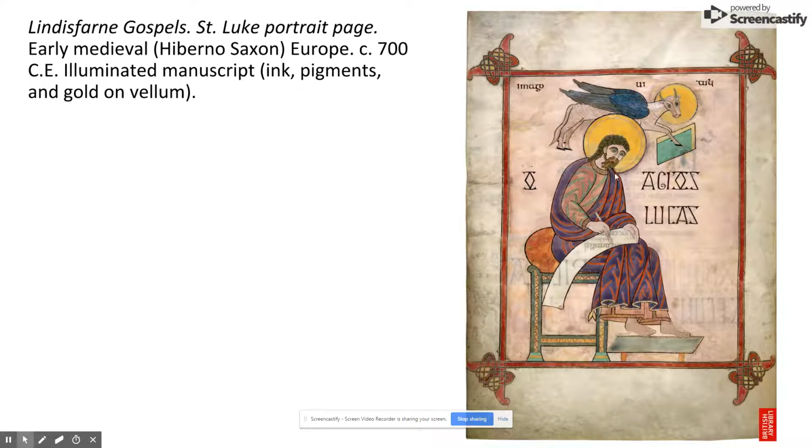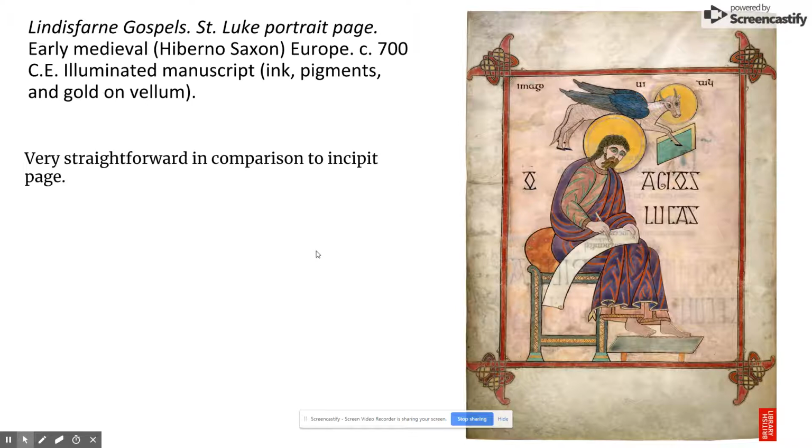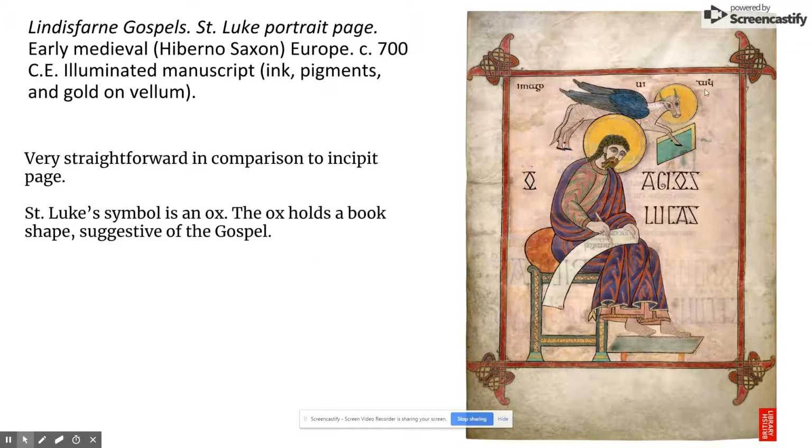In comparison to the cross carpet page or even the incipit page, this is very plain. It's very straightforward. His symbol is the ox, not a winged ox, but an ox. Ask me why it's winged here, but it is. So he's wearing this very rich purple-red robe.